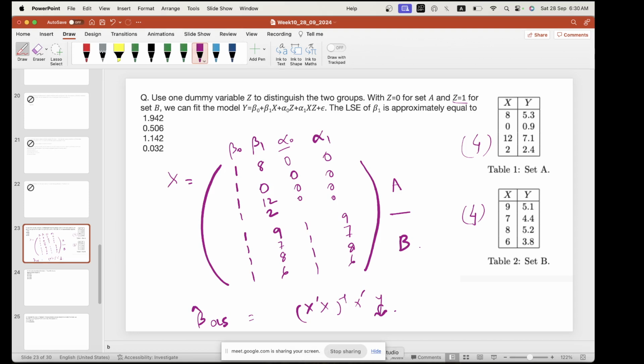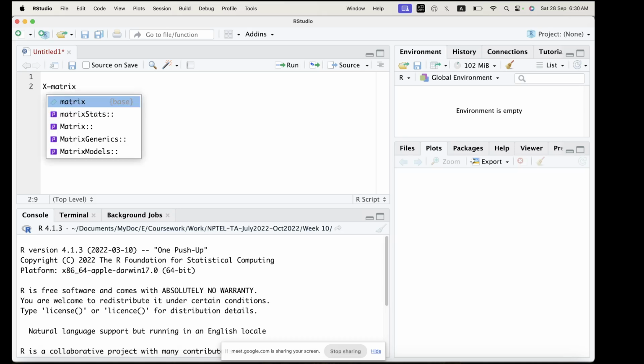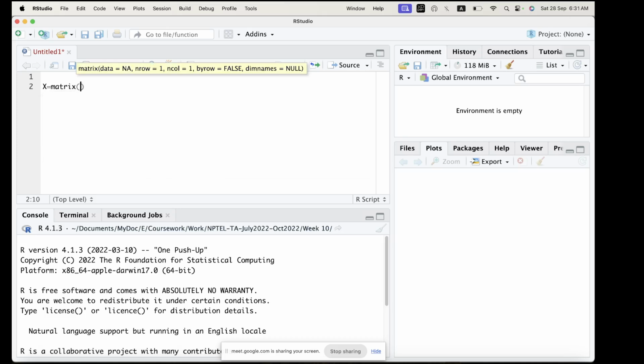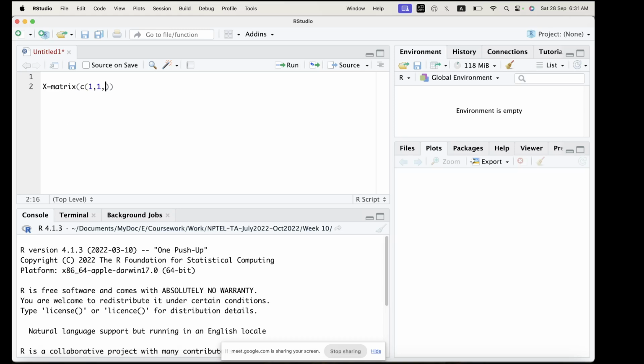So once we have this, I find out x equal to matrix. I'm going to give the input in the form of a vector. So I'm going to give 1, 1, 1, 1, 1, 1, 1, 1.